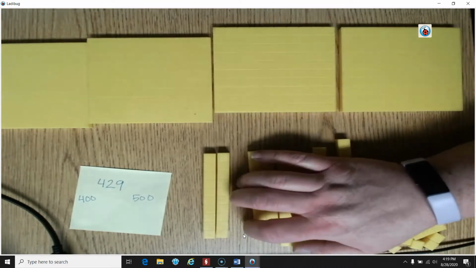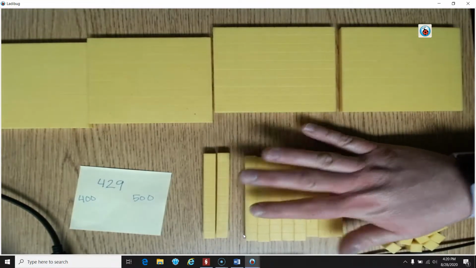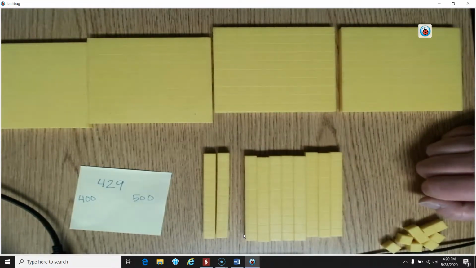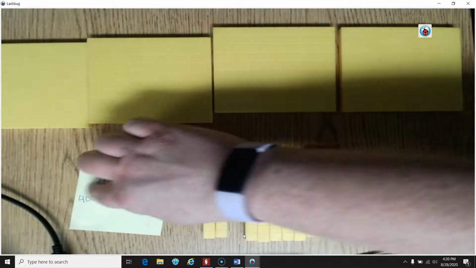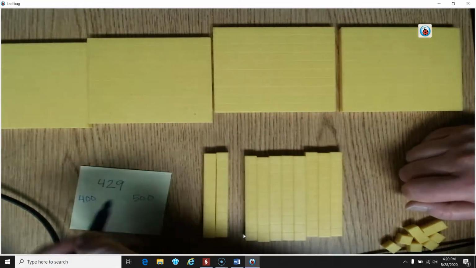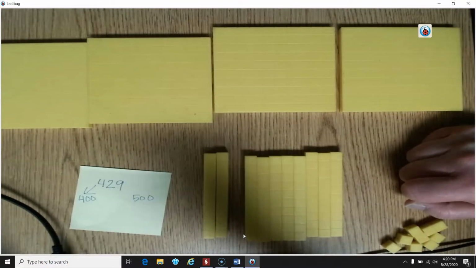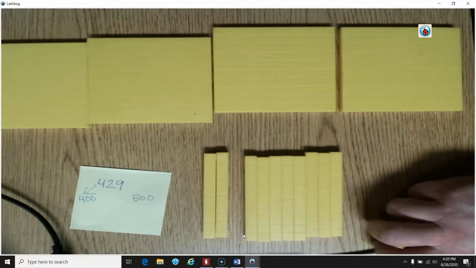So this is how many more I would have to add if I was going to jump up to the next 100, which would be 500. So this is a shorter distance going down than this is going up. So this number, rounded to the nearest 100, is 400. It is closer to 400.